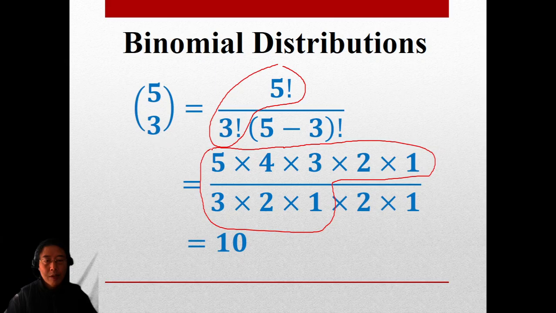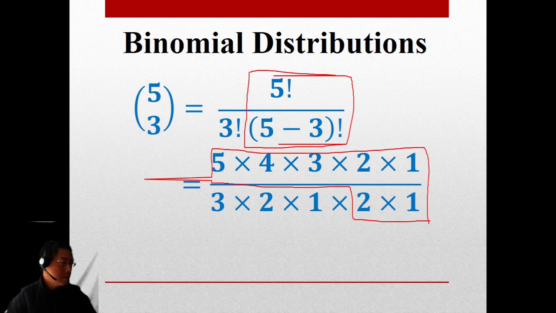So what we do here, I want to circle that, and what you're going to notice, you're going to cancel out the 2, the 1. What's left is 3 factors, and then you divide by factorial 3. Then you evaluate that, and that gives you a value of 10.